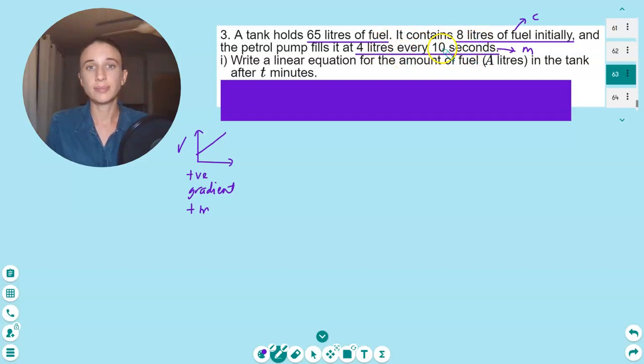That's a rate, right? So before I do anything, if it's a linear equation, let's just write the general form of it. y equals mx plus c. All right, now let's have a look at what our m and c value might be. So I said initial value.